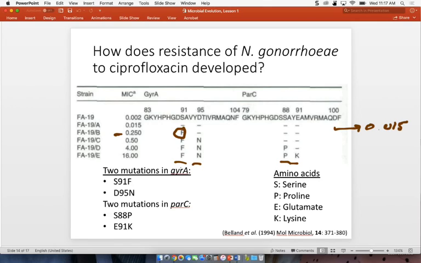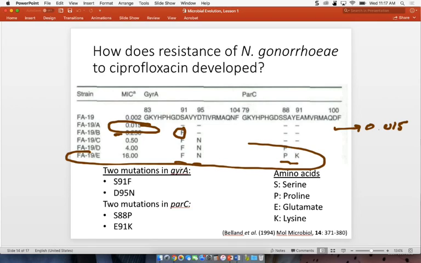It's very unlikely that, if we were treating Neisseria gonorrhea with 0.015 micrograms per mil of an antibiotic, we would find a strain arise that gains 4 mutations all at one time. Because there's no selective advantage for having all 4 mutations at the same time. That only becomes advantageous as the amount of antibiotic increases.